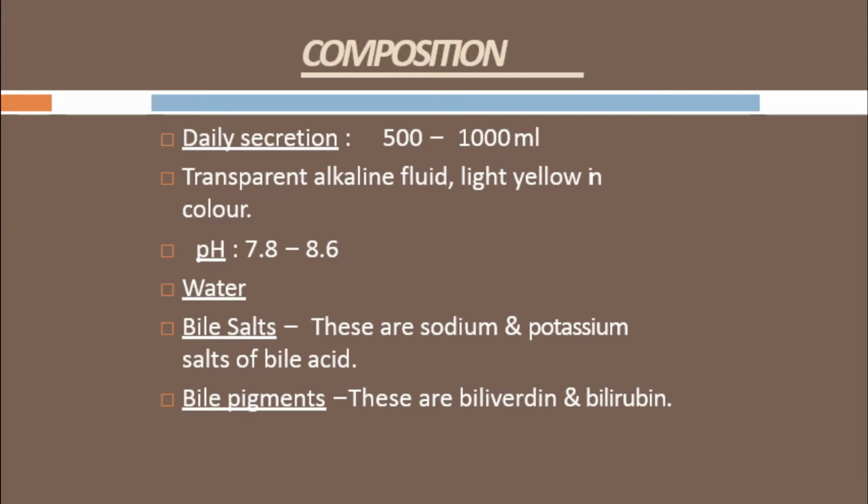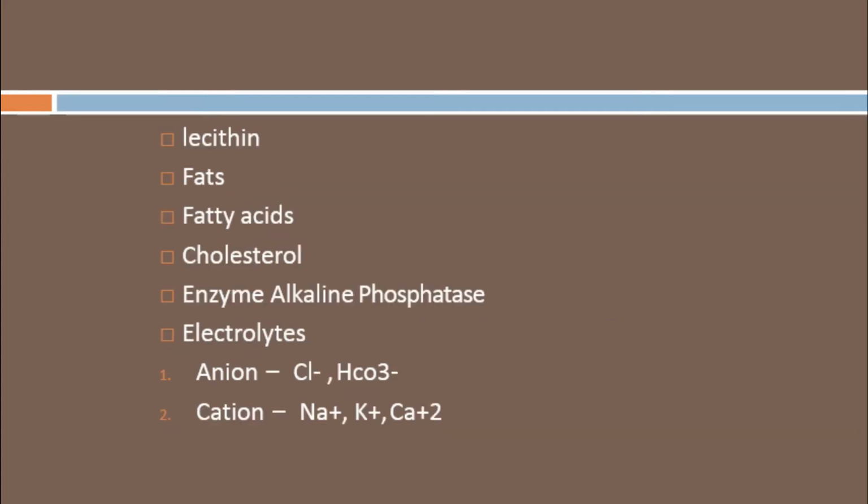Then come our bile salts. By bile salts, we are referring mainly to the sodium and potassium salts of the bile acids. The third most important thing is the bile pigments. These are basically bilirubin and biliverdin. Other than that, it will contain fat, lecithin, fatty acid, cholesterol, etc.